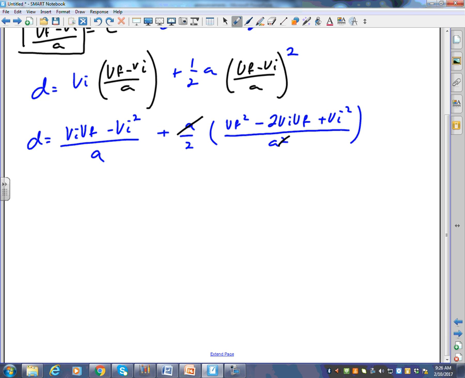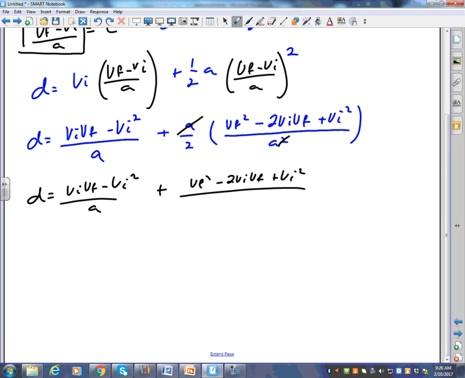Right? So now, and I hate this step because really this step is just rewriting a bunch of things, but it's kind of necessary. So I do apologize. So really you get Vi Vf minus Vi squared all over A plus Vf squared minus 2 Vi Vf plus Vi squared all over 2A.